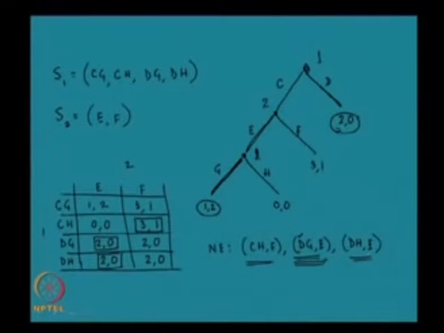So, this was the definition and application of Nash equilibrium in extensive game. But we have also seen in the previous lecture that the idea of Nash equilibrium in case of extensive game is a little problematic.